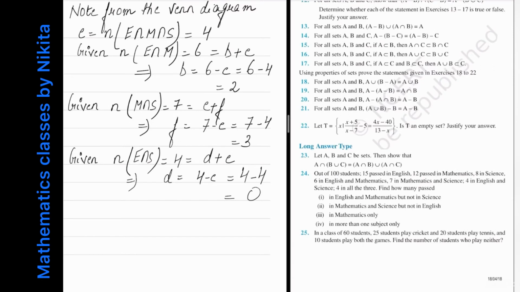So note these values. B is equal to 2, F is equal to 3, and D is equal to 0.